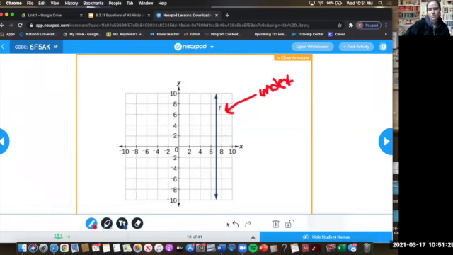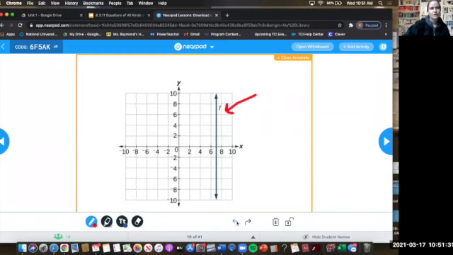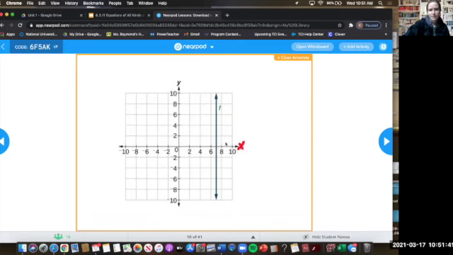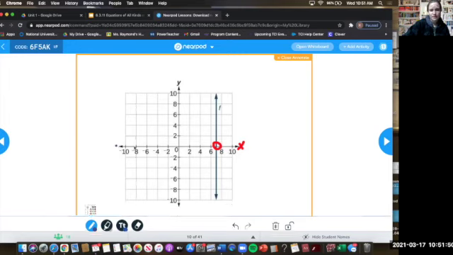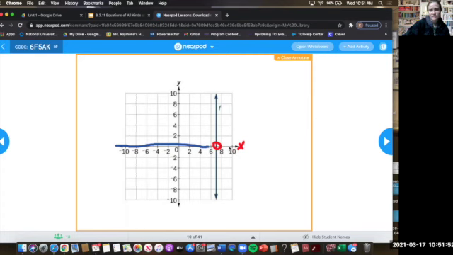And then our x-intercept is the point where our line crosses the x-axis, which is right here, because it's where it crosses through. So we'll just say that's 7 because it's right between 6 and 8. And a lot of people got that.